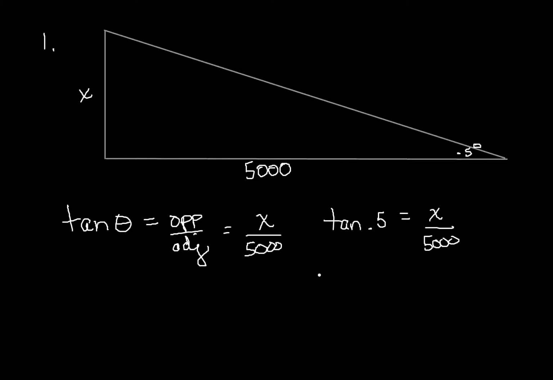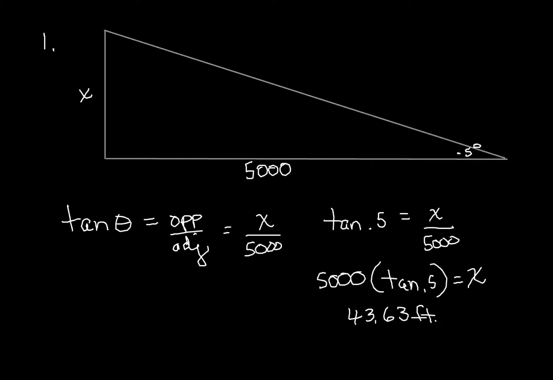So we just take 5,000 times the tangent of 0.5 equals x. And you just basically put that in your calculator and you get 43.63 feet. So the building's like really tiny. It was probably more like this, that kind of thing. And that would give you the 0.5 degrees and then the building.